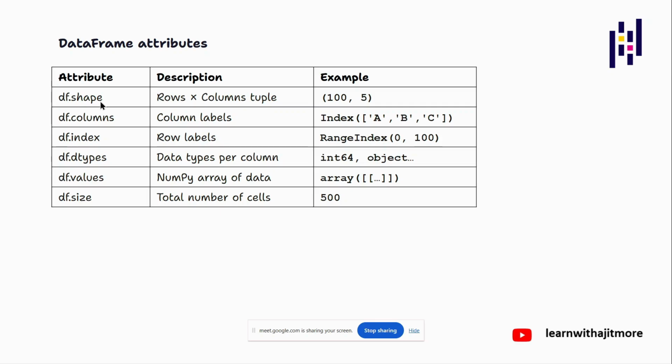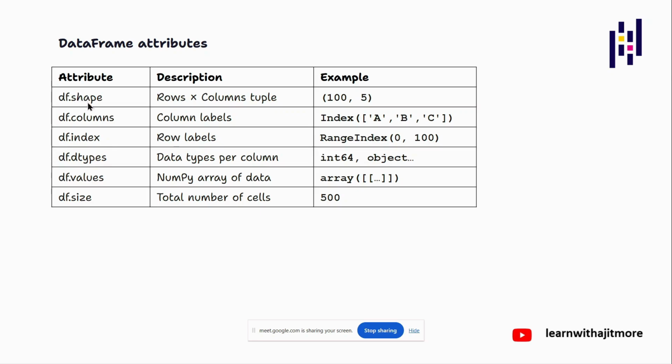First one is shape. As a DataFrame is a 2D concept, we have discussed yesterday that Pandas provides only two data structures. One is Series, which is a one-dimensional array, and DataFrame is a tabular representation, a 2D representation.